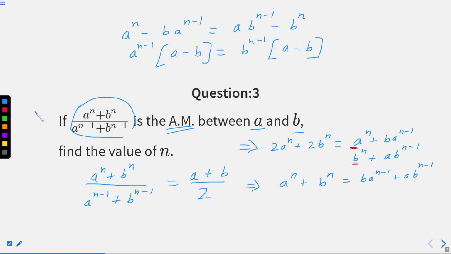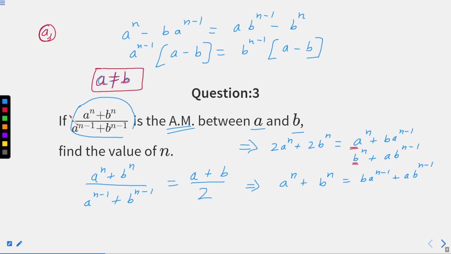And what we know? We know that A is not equal to B. How? Because if A is equal to B, then we don't have a 3-term AP. This will be just a single term, but we have to put an AM between two numbers.